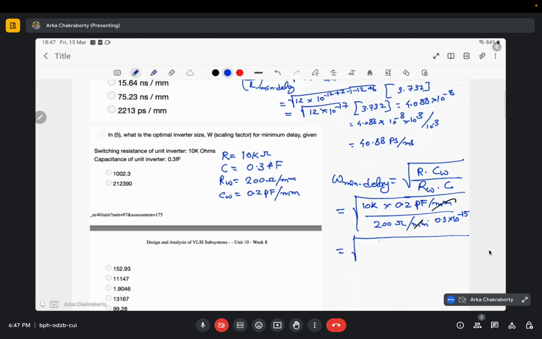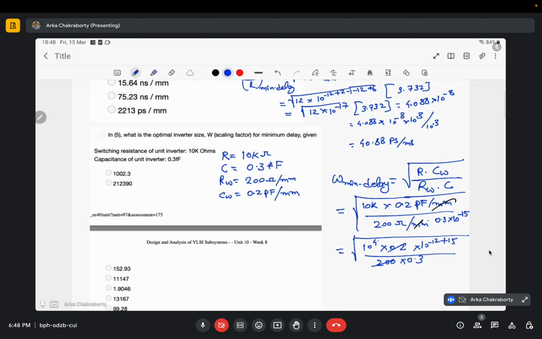So the remaining terms would be 10 into 10 to the power 3, so 10 to the power 4 into 0.2, 10 to the power minus 12, divided by 200 into 0.3, 10 to the power minus 15, it will become plus 15 here. Okay, so fine.